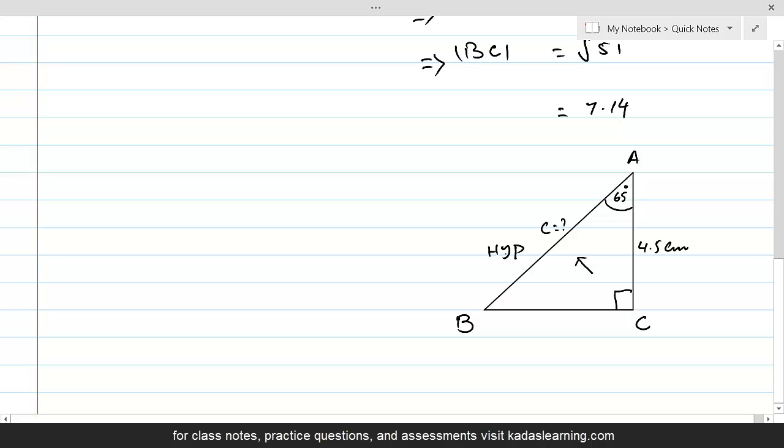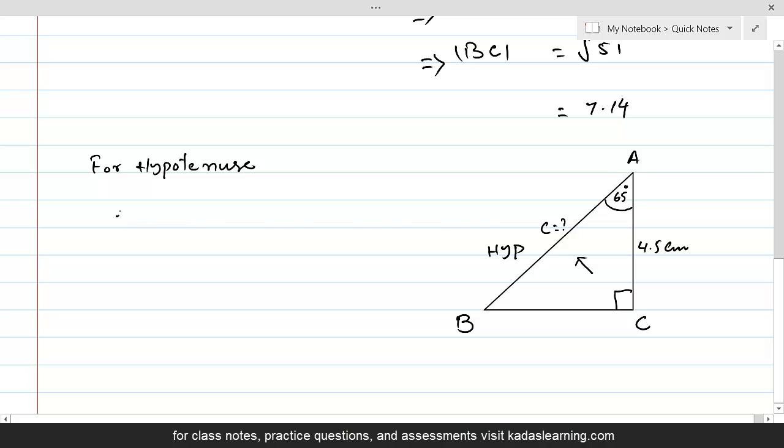And apparently we are required to find the hypotenuse. And for finding hypotenuse, we can define the cosine ratio of 65 degree angle in right angle triangle ABC.